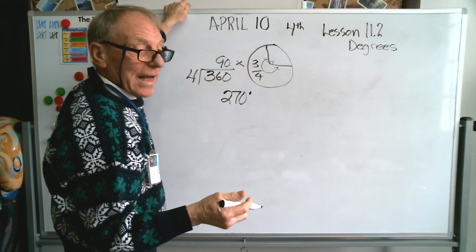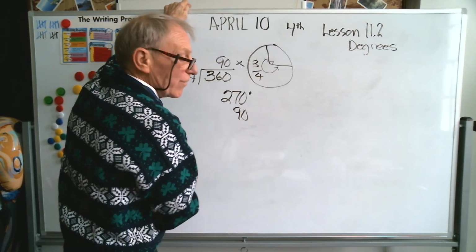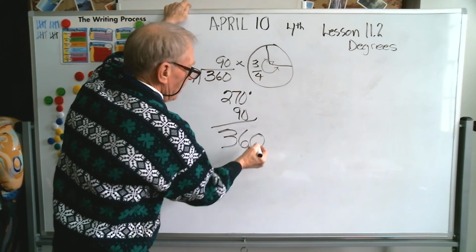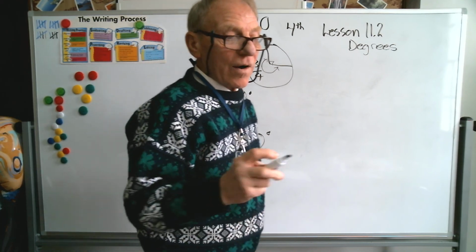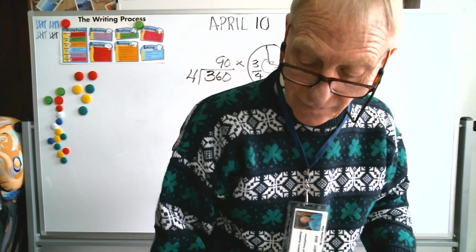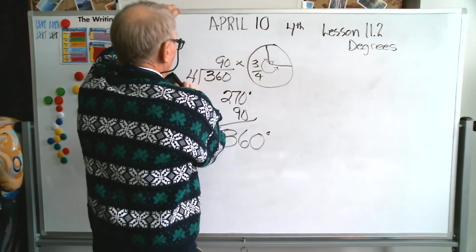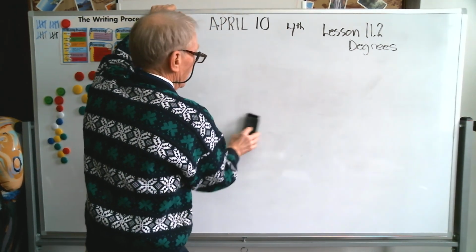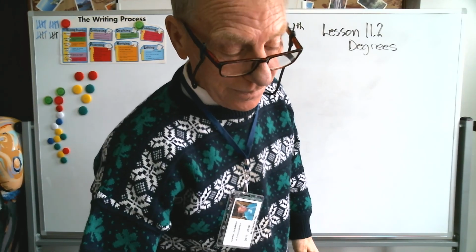Now, we know that 1/4 of a circle is 90, so if we added the missing 1/4, what does it give us? We're right back at 360. So we know our answer is correct. Now, it asks you to classify the angles, and that is: is it an obtuse angle, an acute angle, a right angle, or a straight angle?